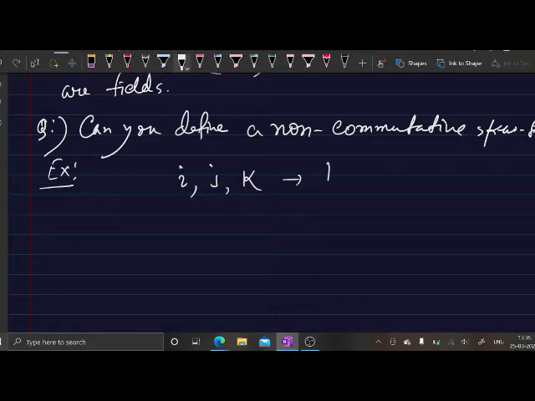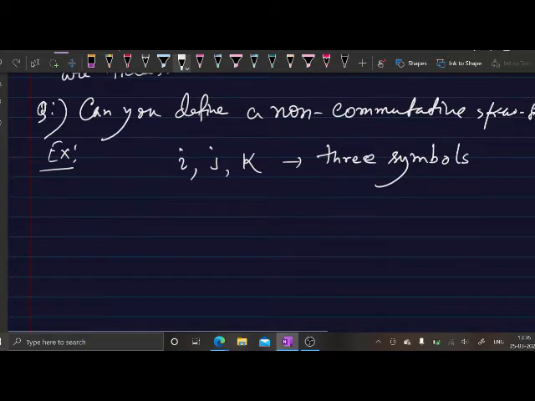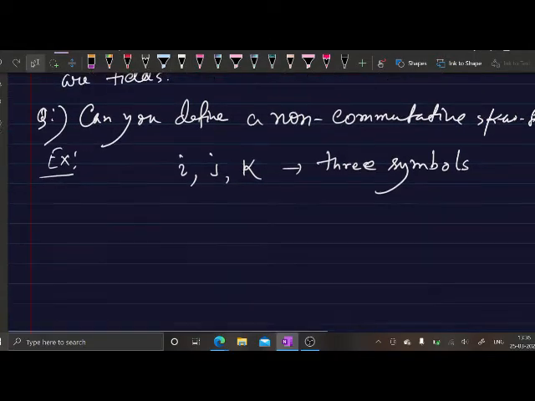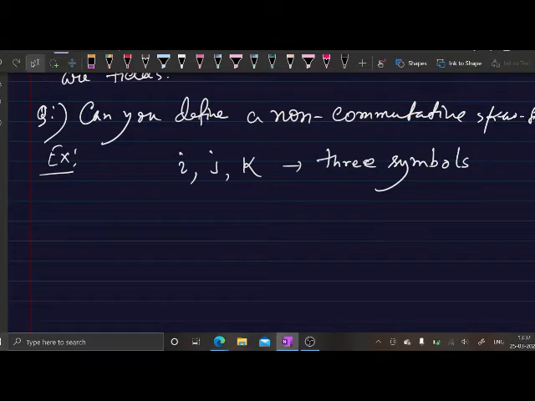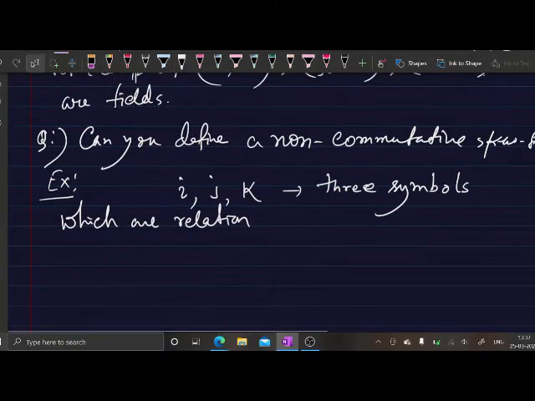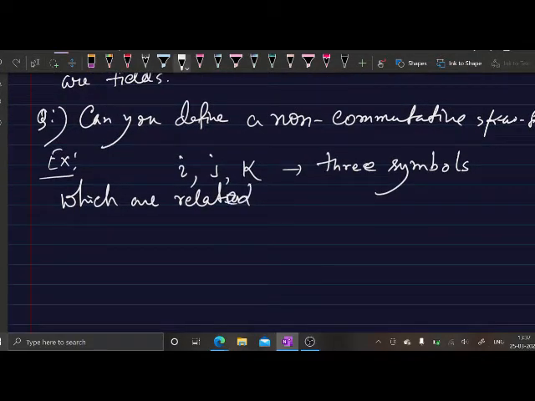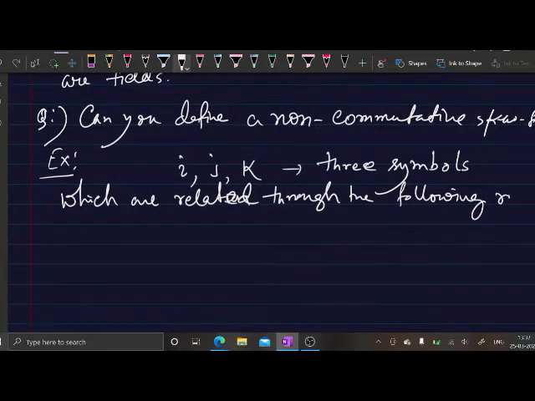Okay, 3 symbols, which are related through the following rules.